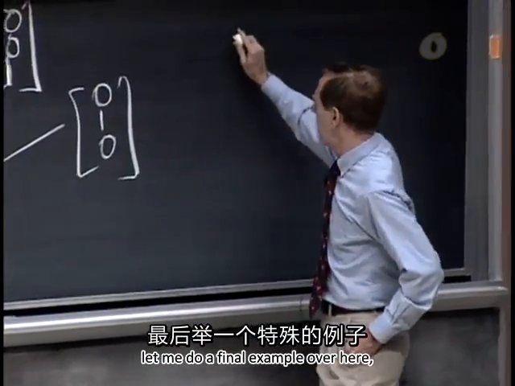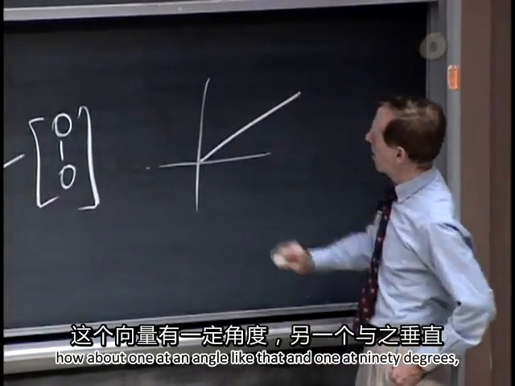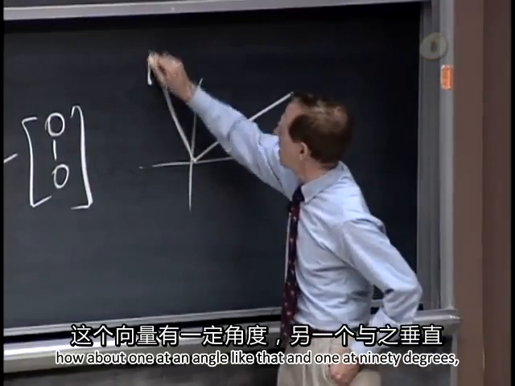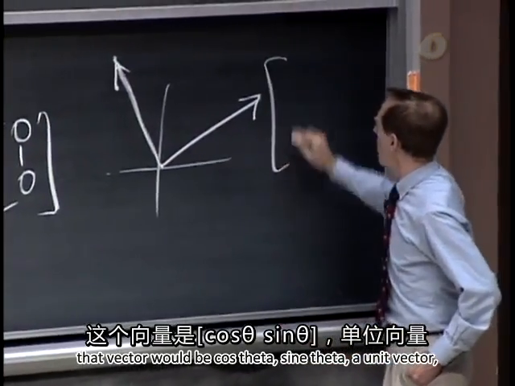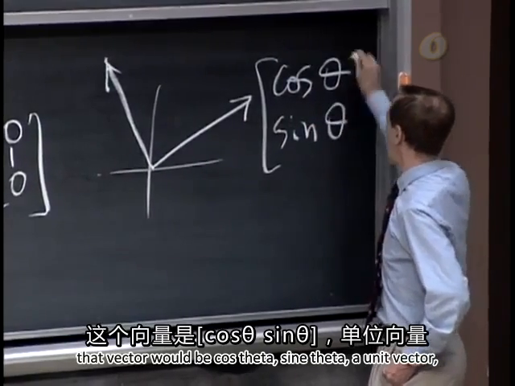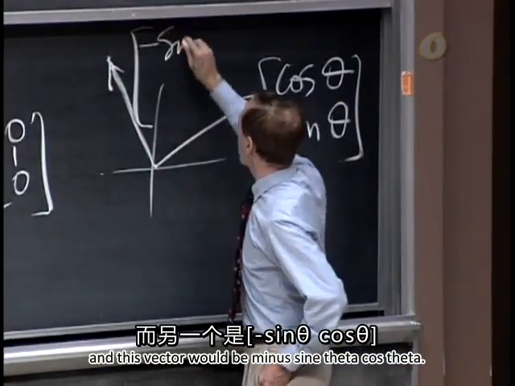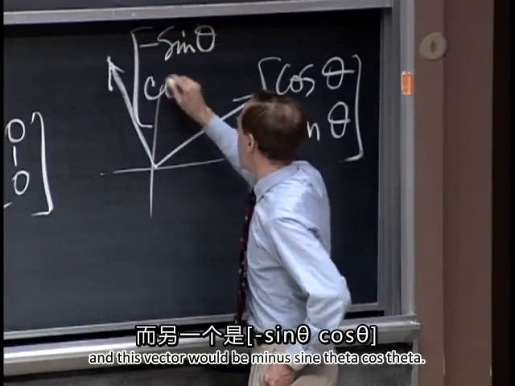Well, they don't have to be those 3. Let me do a final example over here. How about one at an angle like that and one at 90 degrees? That vector would be (cos theta, sin theta), a unit vector. And this vector would be (minus sin theta, cos theta).